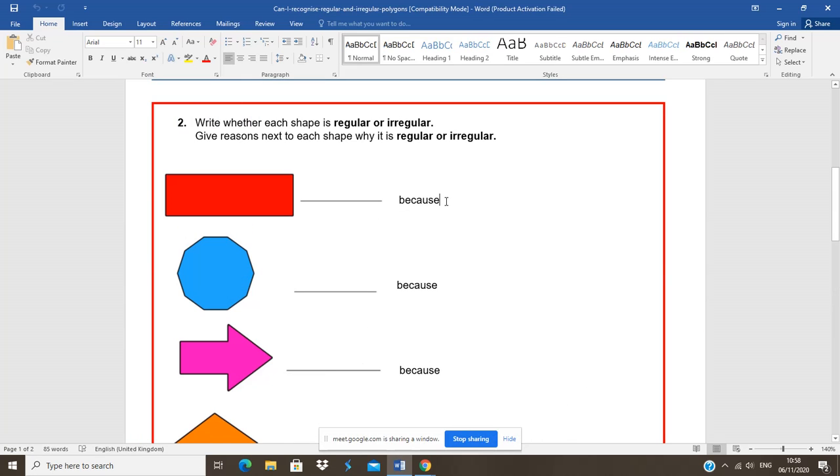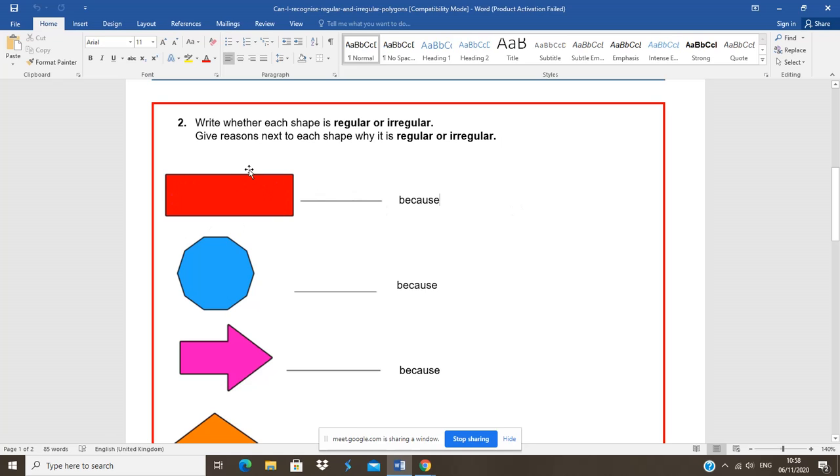We'll not do it right now, but it's going to be homework. So we have to determine if the figure is regular or irregular, and we need to say why, okay?